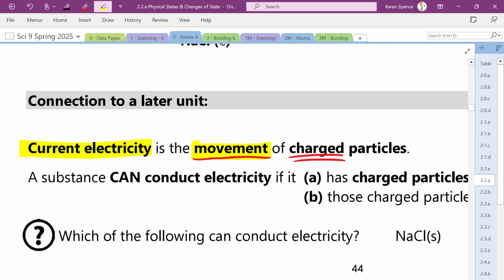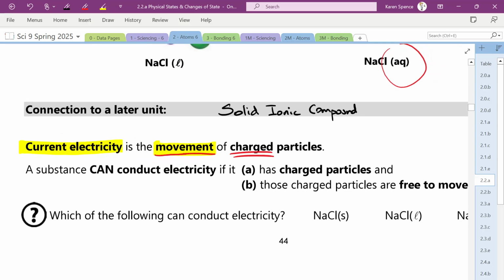Okay? So actually, I'm going to start with an ionic compound that is a solid. And if you don't know what an ionic compound is, don't worry, you'll learn about it later. And it looks like this.